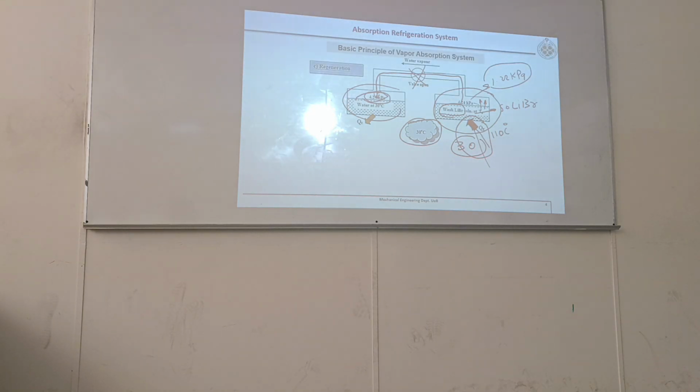So we have to make this process continuous. But the basic understanding, or the basic physics behind this process, is explained here. So here we have to use pairs of fluids. In this example, is water the refrigerant or lithium bromide?